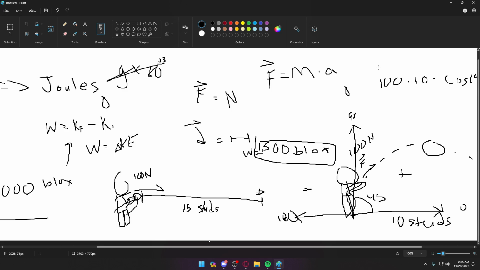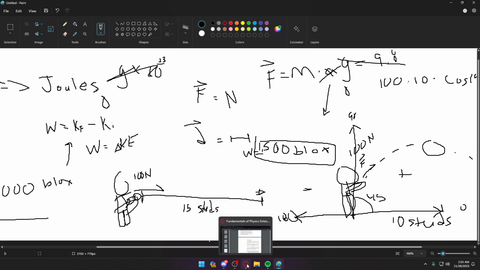What if there's no acceleration? What if it's just falling down? Replace A with G, which is gravity, equal to 9.8. Or if you're not given an A, you have to use kinematics. I'm not trying to do all that, so you can search that up yourself. I'm not doing all that for you.